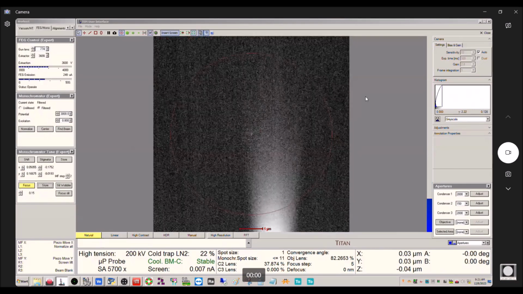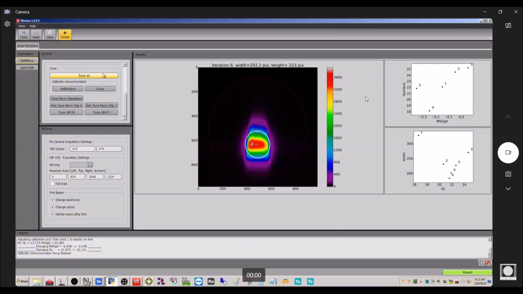We did this actually using OptiMono here. So we started here with the set excitation at 0.8, and it went through and ramped this up and recentered the beam as it did it.